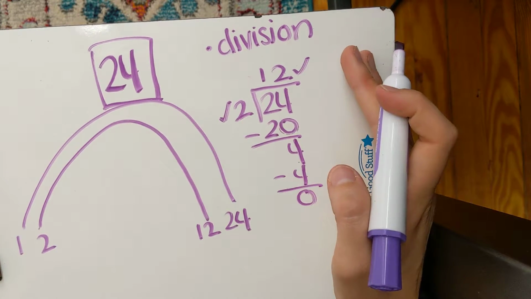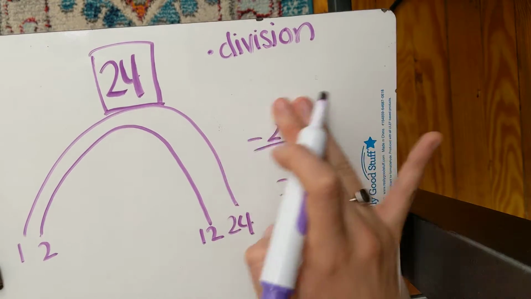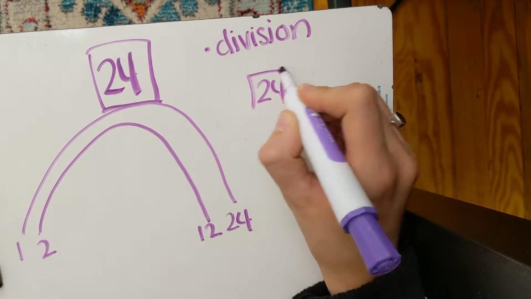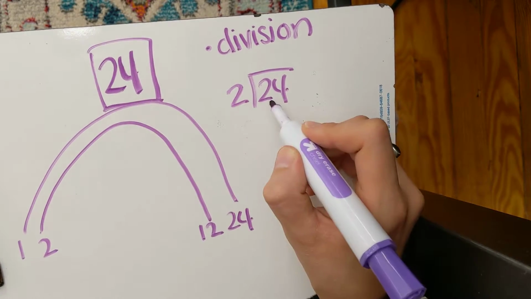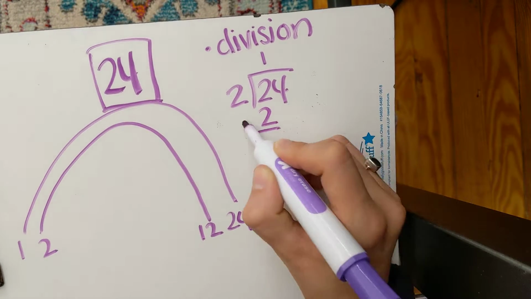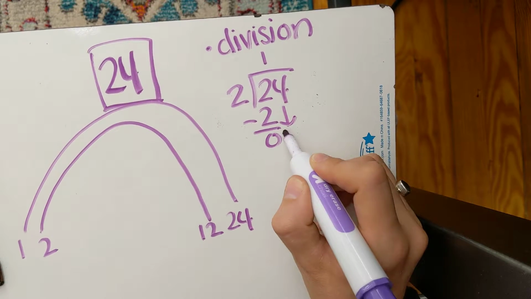I'm going to quickly show you, if you weren't using partial products, what division would look like. If we were doing the division, we would do 24 divided by 2. 2 fits into 2 one time. 2 times 1 is 2. We subtract. 2 minus 2 is 0. We bring down our 4.